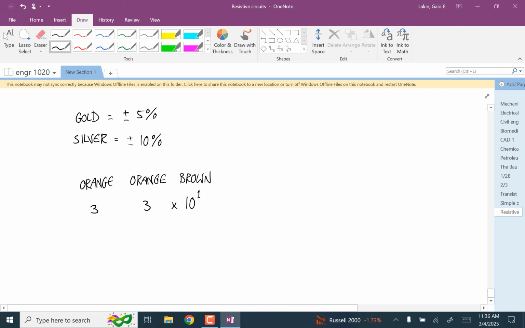So 33 times 10 tells you that this is 330 ohms. Okay? Oh, so that's not multiplying 3 times 3. Right. That's right. It's the 2 digits. Correct. Yep.